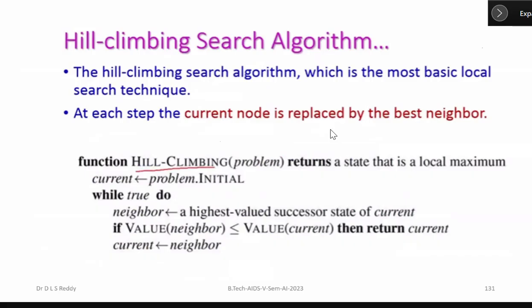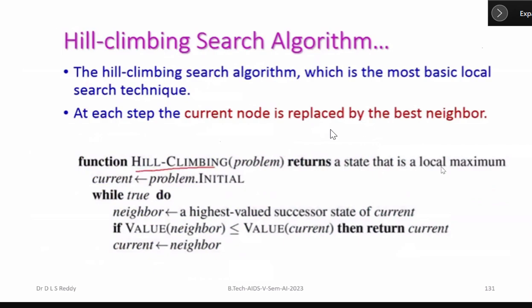Your next step will be steeper than the previous step. That's why it is called a hill climbing search algorithm.